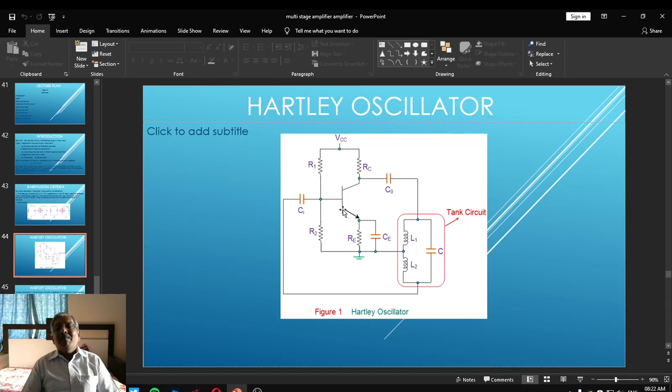The biasing network chosen here is the combination of R1 and R2. R1 and R2 form a voltage divider biasing network that biases the operating point of the transistor in the active region so that it acts as a faithful amplifier.